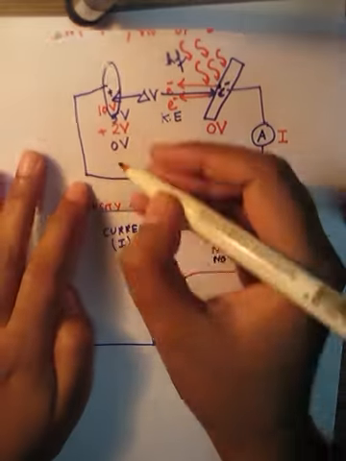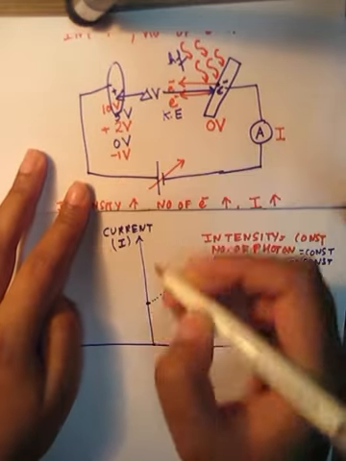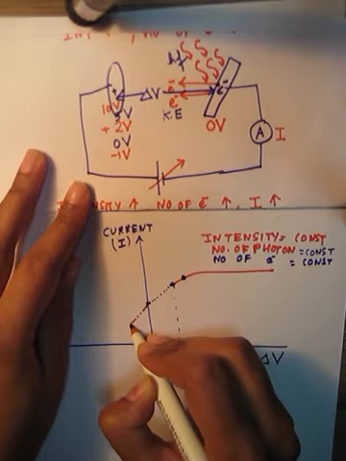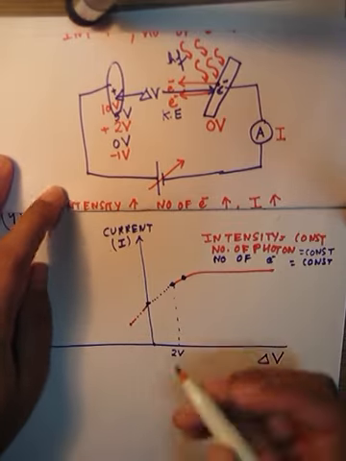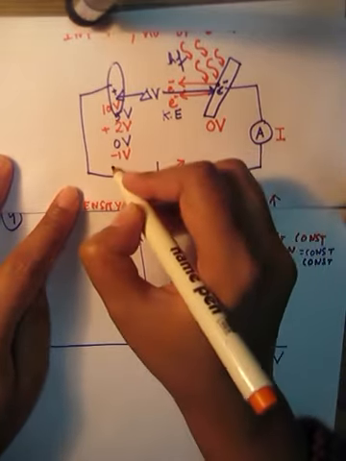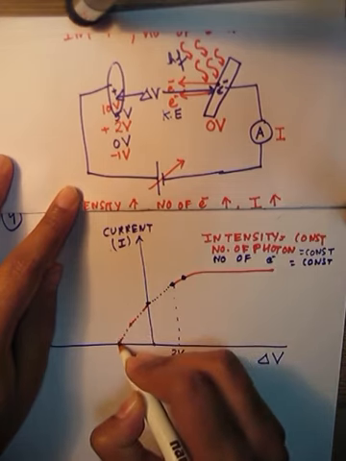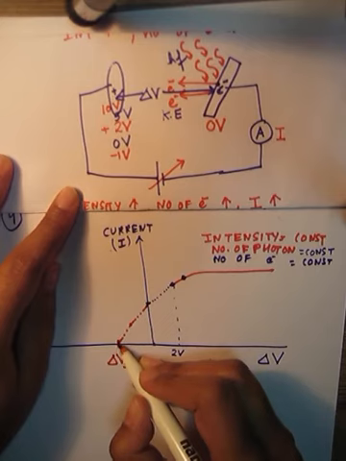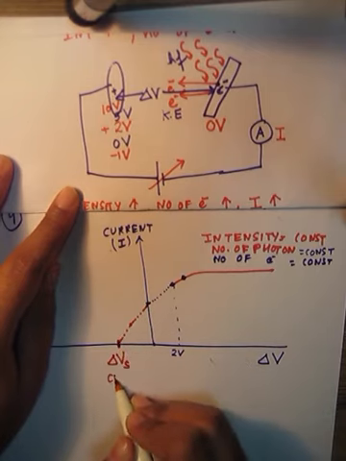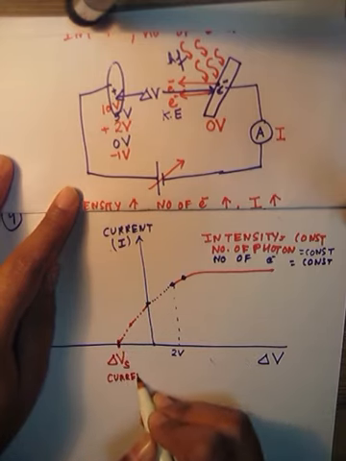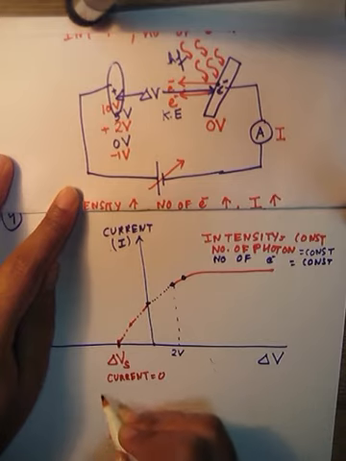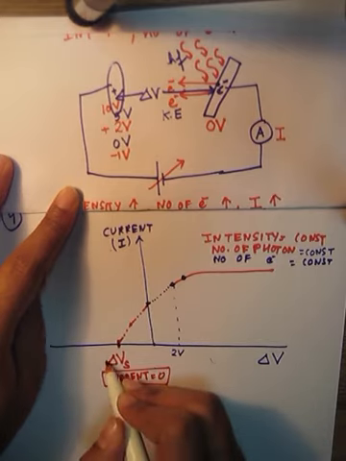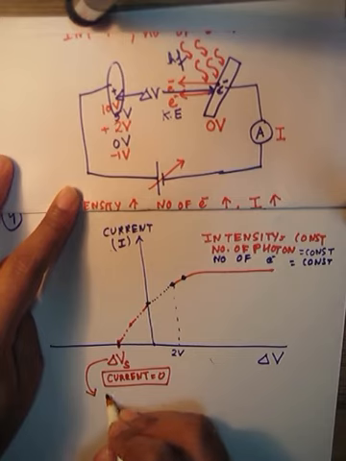And then let's say it is minus 1 volt, it decreases further. And now let us say that there is some potential difference at which the current becomes 0. So let's say it is delta Vs, the potential difference at which the current is 0. Okay, this potential difference is called stopping potential.